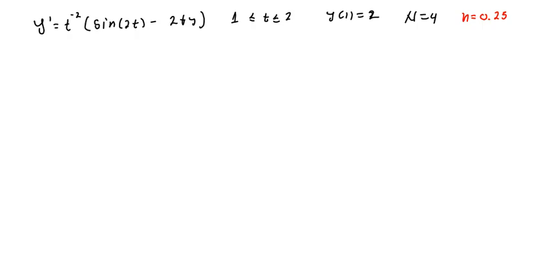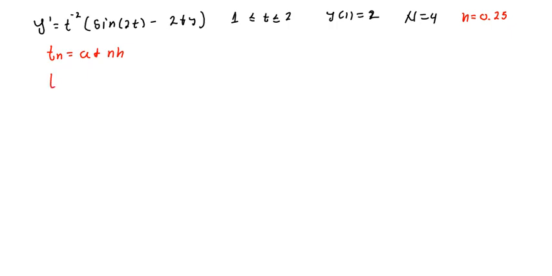So first, I'm going to find the expression for t sub n, which is a plus nh. You can as well use t sub i is equal to a plus ih. It's one and the same thing.